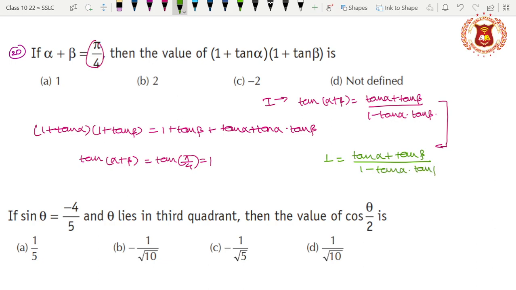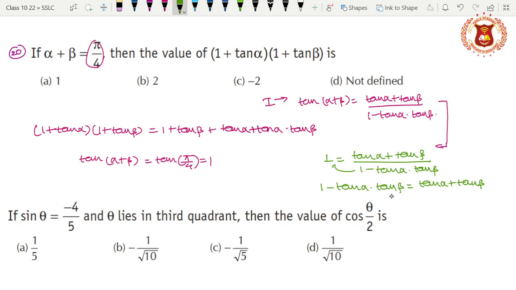Now I send this term to this side. I'll get 1 minus tan alpha into tan beta is equal to tan alpha plus tan beta, right? Now observe it very carefully here.